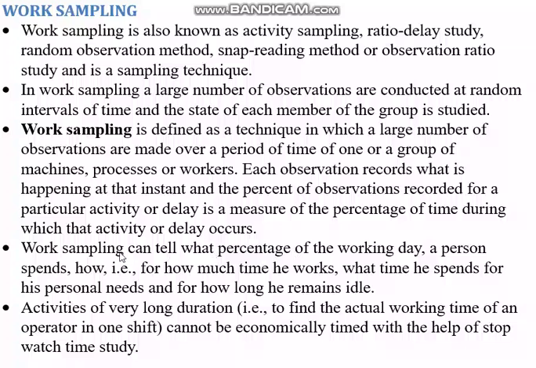The work sampling can tell what percentage of the working day a person spends and how. It can tell what percentage of time he is working, or what percentage of the machine is working, and how much time he is idling away. That much work sampling can tell, but it cannot tell the basic time, and thereby it cannot predict the standard time.